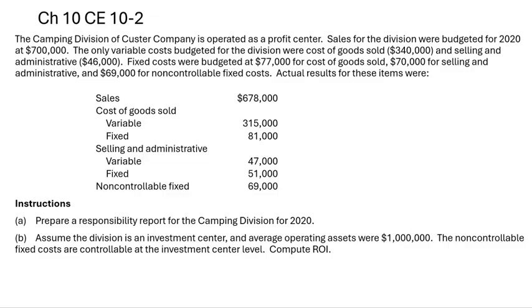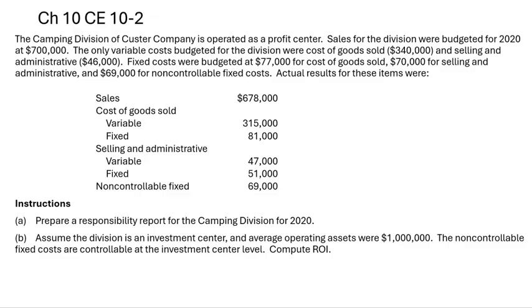Here were the actual results. We had sales $678,000, variable and fixed cost of goods sold, and variable and fixed selling and administrative. So remember, when we're looking at a profit center, we're going to be looking at sales minus the controllable costs.